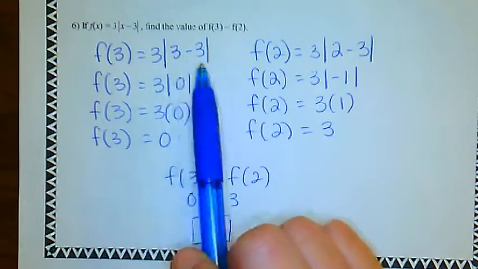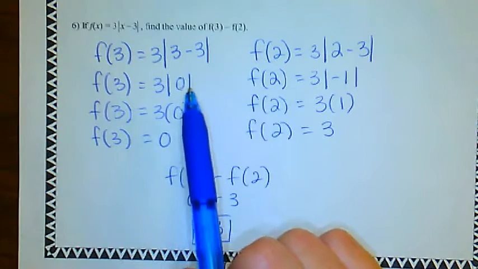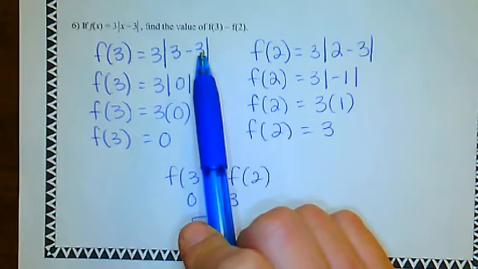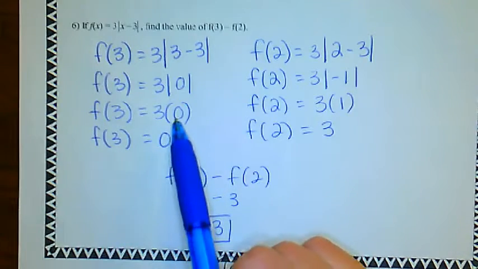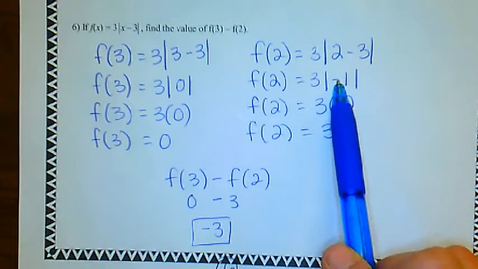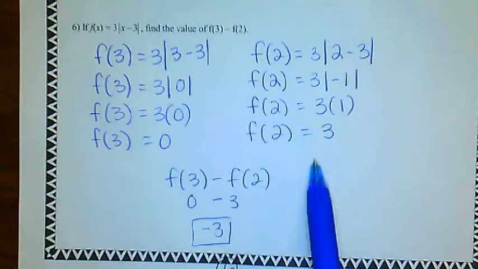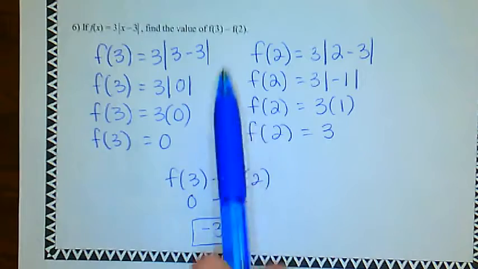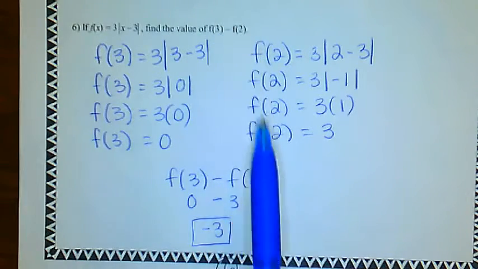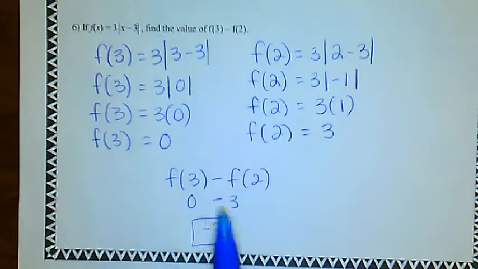Use those absolute values as if they were parentheses. They work exactly the same. Evaluate what's inside, then take the absolute value, then multiply and get your answer. And then make sure you actually answer the question. It didn't just want each of those separately, it wanted the difference. So I plugged that all in, and your final answer should be 3.